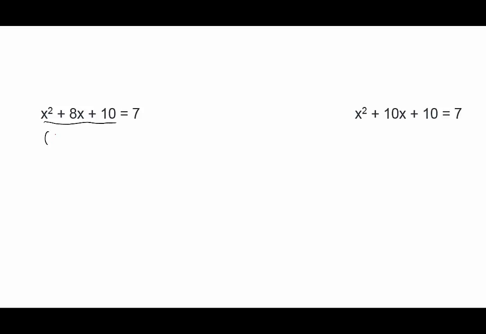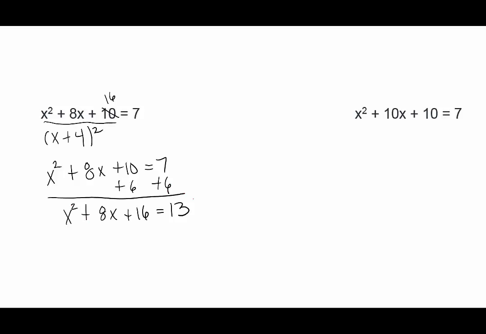I want this to be x plus 4 squared. In order for it to be x plus 4 squared, then this has to be a 16. So to convert this polynomial into a perfect square trinomial, I'm going to add 6 to both sides. Now I have my perfect square trinomial.